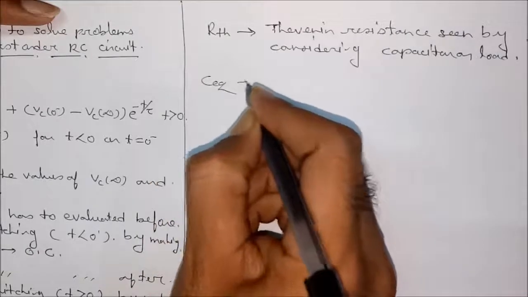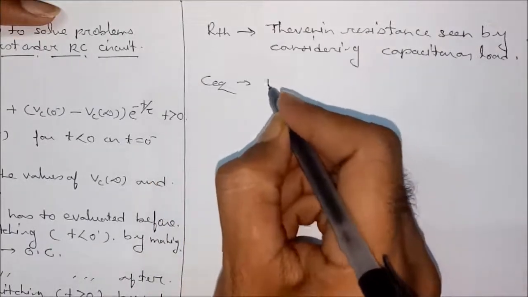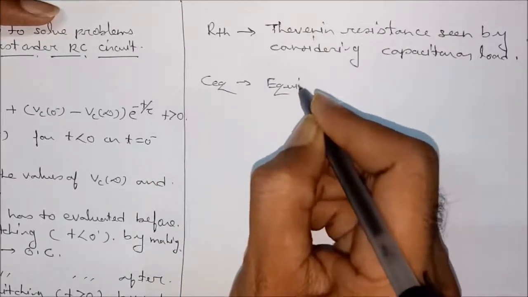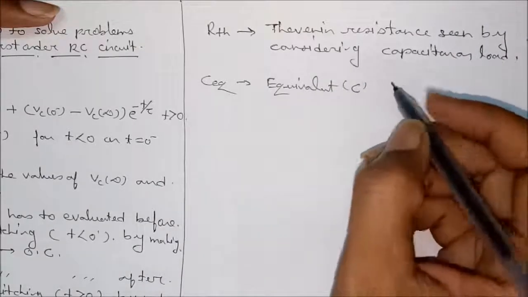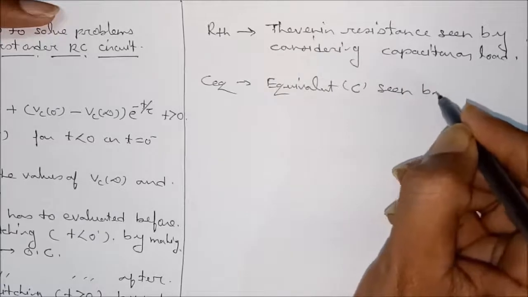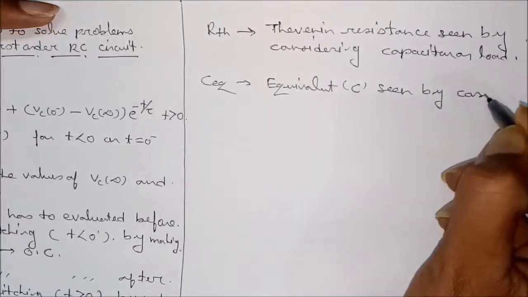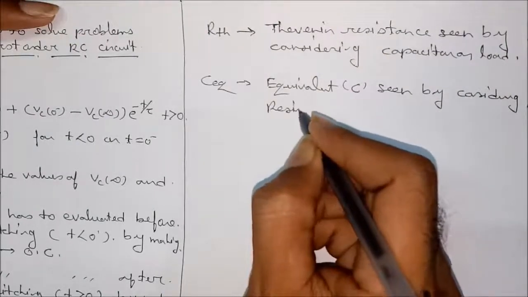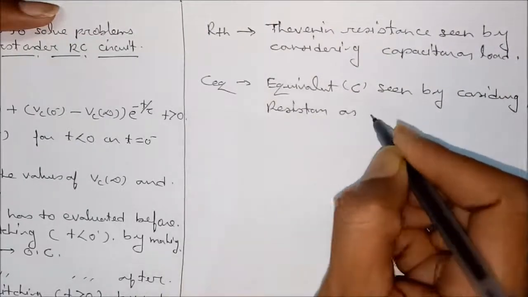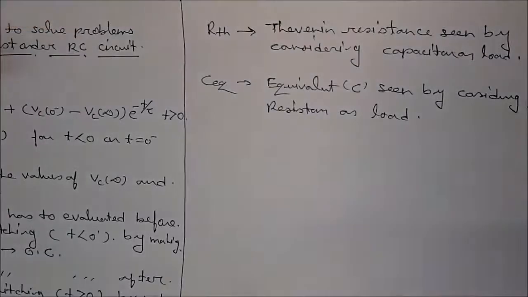C equivalent means the equivalent capacitance seen by considering the resistors as a load. So when calculating RTH, take the capacitor as a load. When calculating C equivalent, take the resistor as a load.